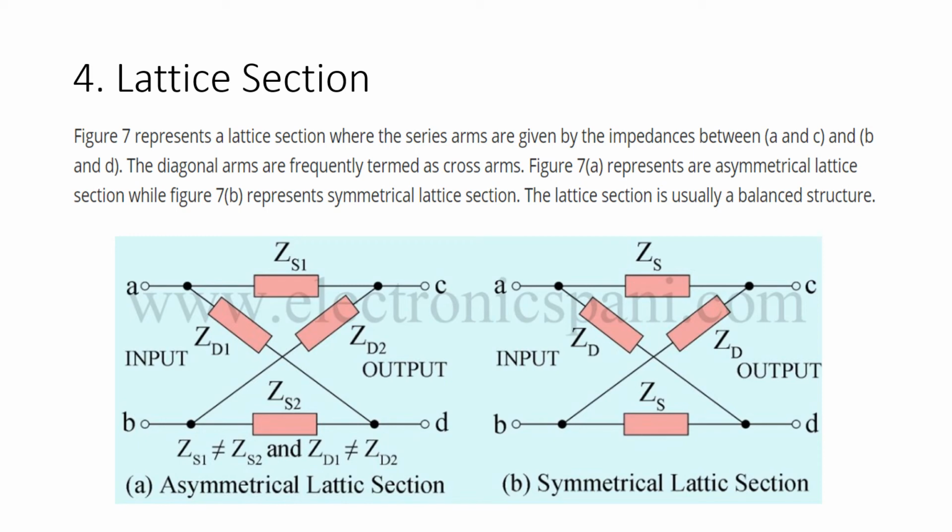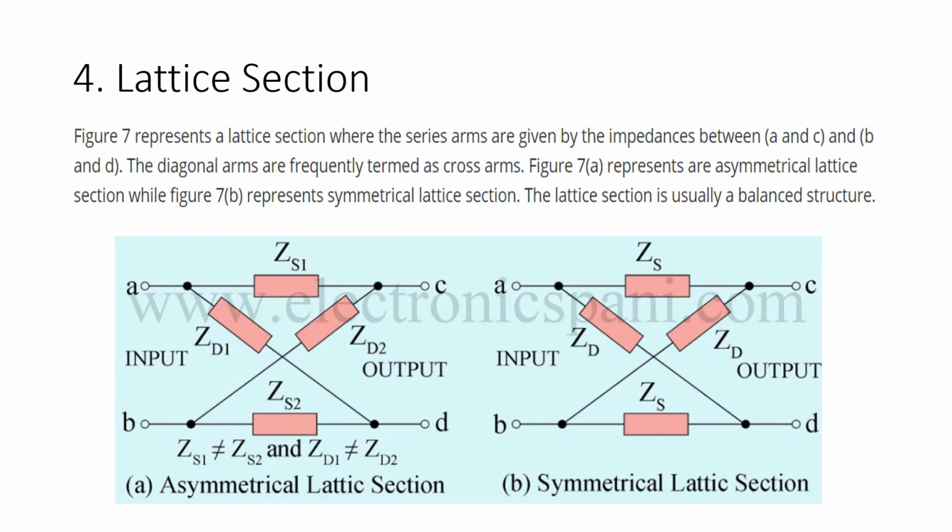So in asymmetrical lattice section, ZS1 and ZS2 are series arms, and ZD1 and ZD2 are cross arms, diagonal. This is asymmetrical because ZS1 is not equal to ZS2 and ZD1 is not equal to ZD2.